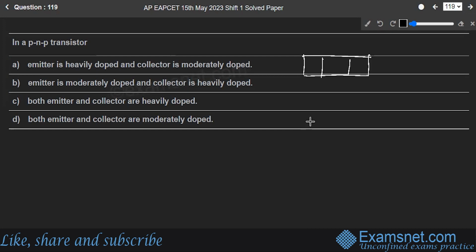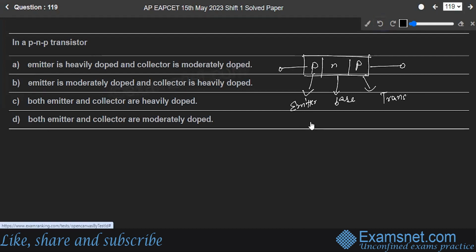So this is the one, PNP, like this. This is your emitter, base, and, sorry, this is collector. This is your PNP transistor.